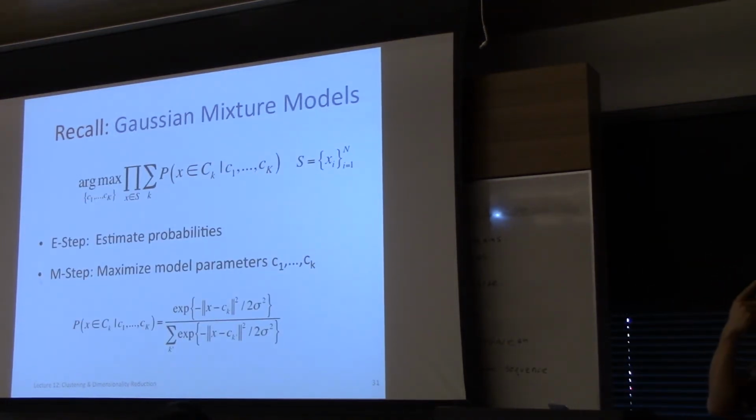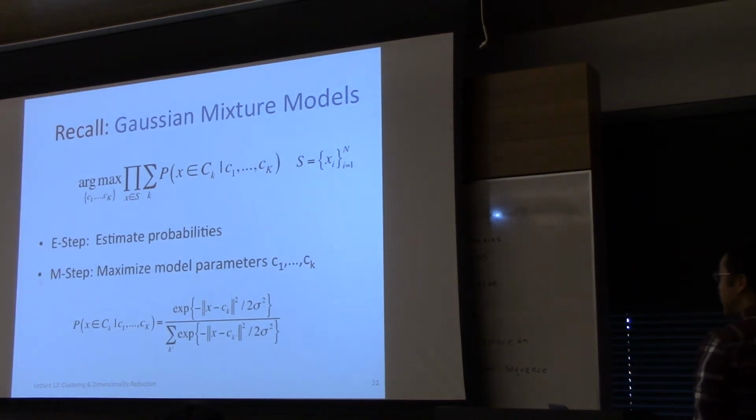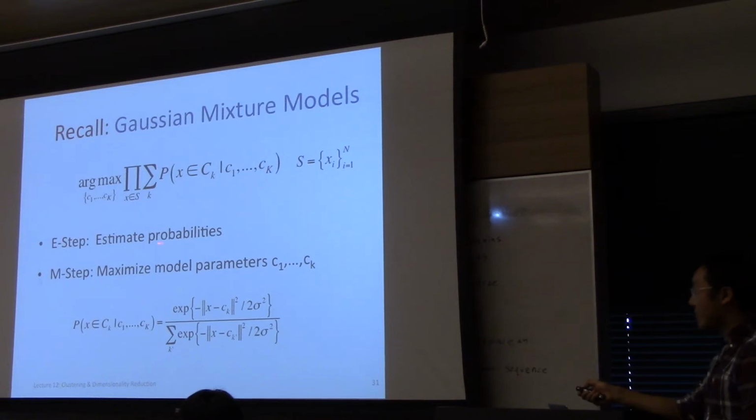And so for Gaussian mixture models, you would do something very similar, right? You'd also do this EM, where in the E step, instead of doing a hard assignment like in K-means, we would do a soft assignment where we estimate the probability, given our current model, of x belonging to each of the clusters.